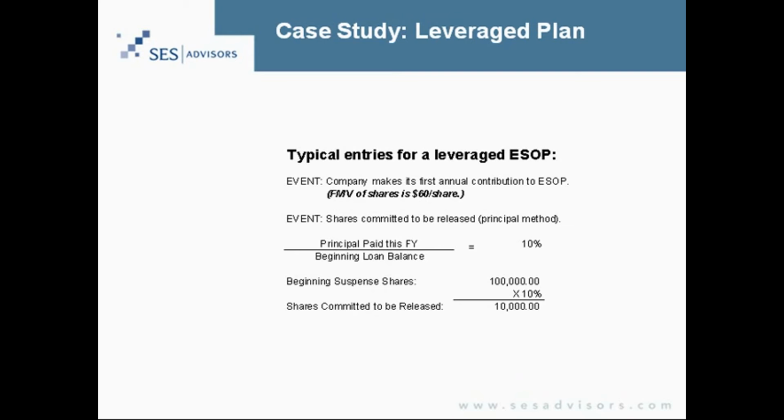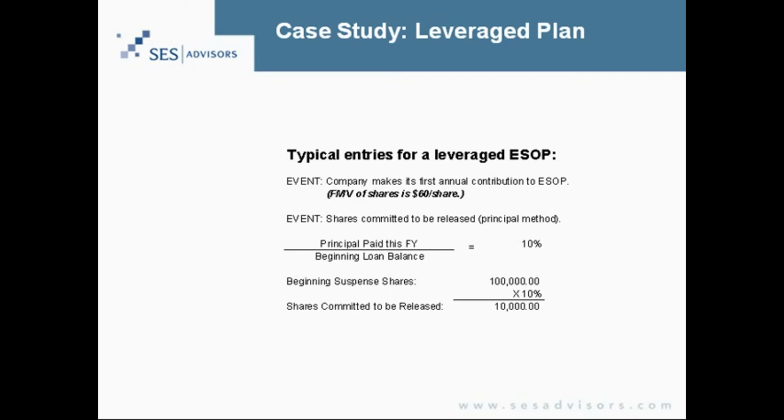It says accounting recognition should occur when shares are committed to be released, which may occur before shares are legally released. These shares have not been legally released but relate to services rendered during an accounting period. So we want good matching. We want the compensation expense to be associated with the period for which the services are rendered.